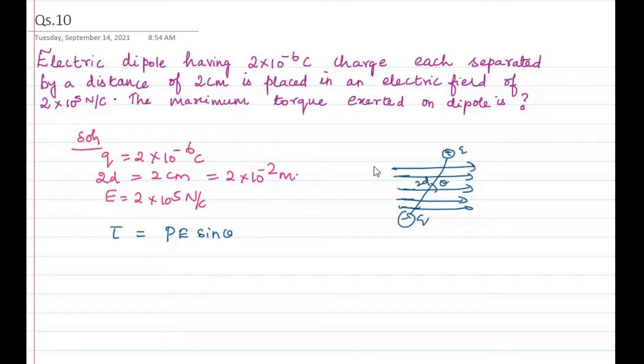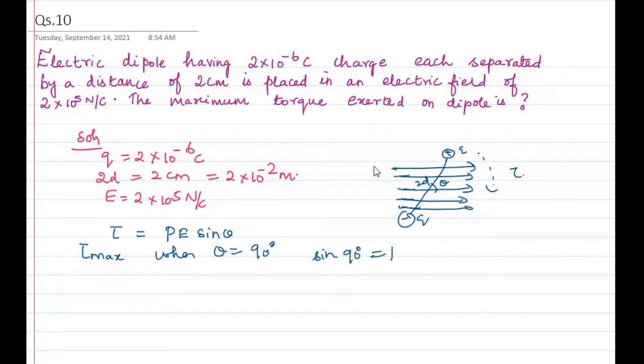Due to this, the net force gets 0, as we already saw, and you have a torque produced on this dipole. We have to find the maximum torque. When do we get the maximum torque? When theta is 90 degrees, sin 90 is 1.